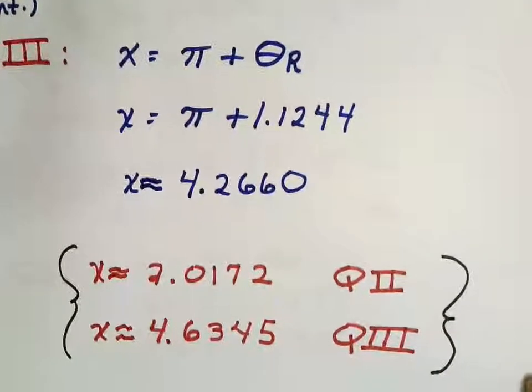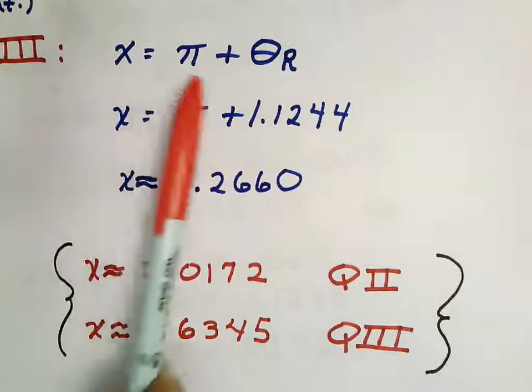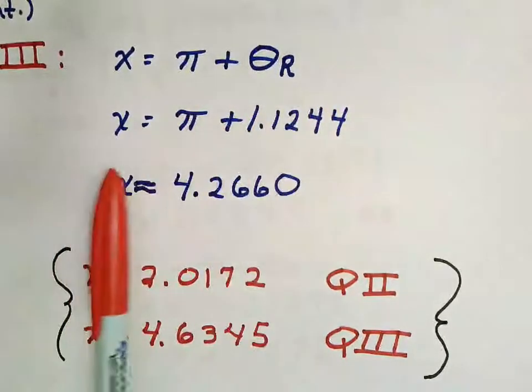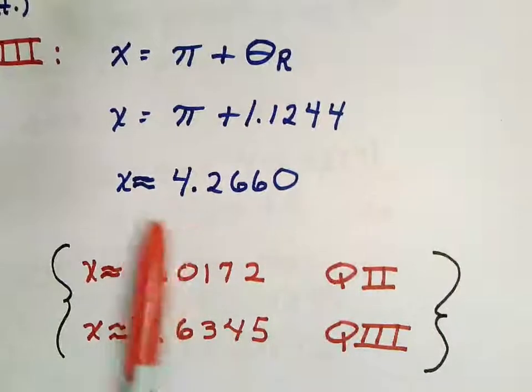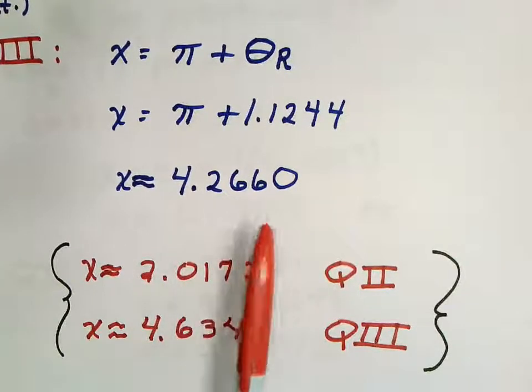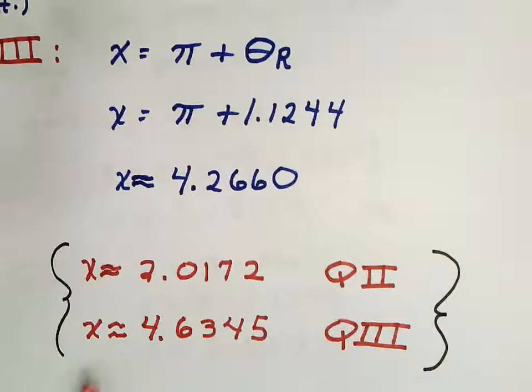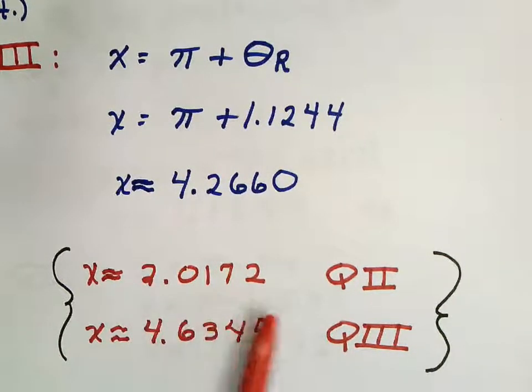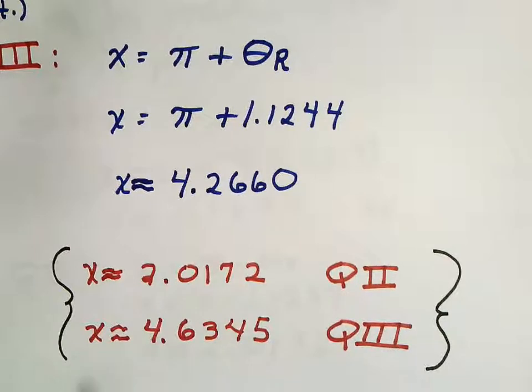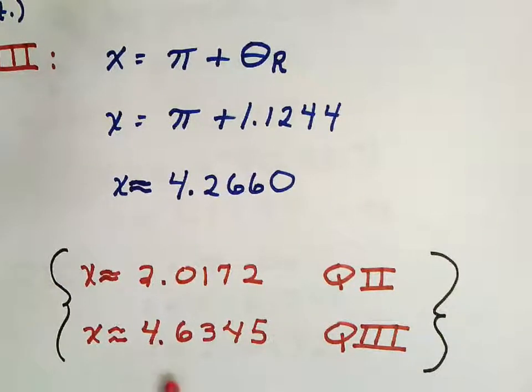So in the third quadrant, the angle is equal to pi plus the reference angle. So x is equal to pi plus 1.1244, which is approximately 4.2660. So here we have x approximately 2.0172 in quadrant 2, and x approximately 4.6345 in quadrant 3.